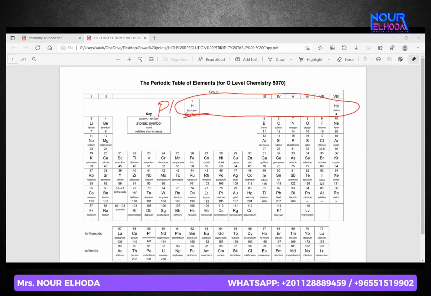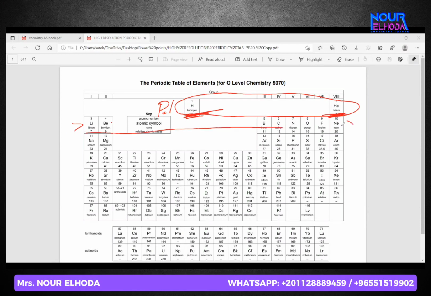Take care. Many students start counting from here. Well, this is wrong. Many students say this is period 1. No, this is wrong. Take care. This is period 1, which is hydrogen and helium.